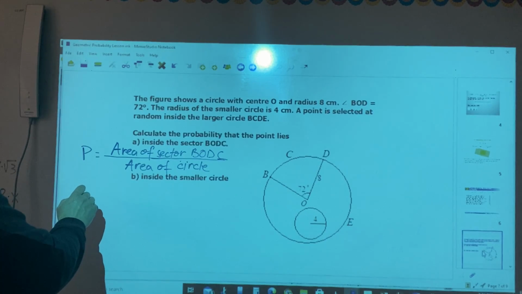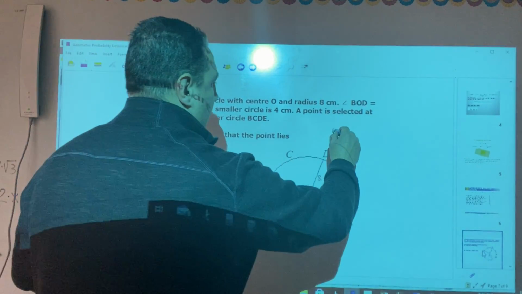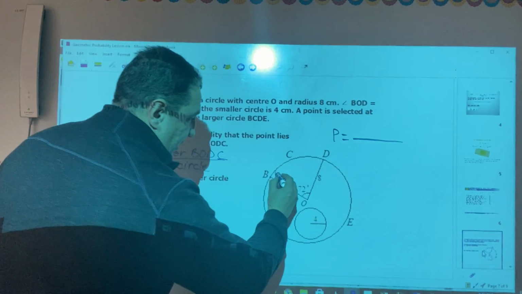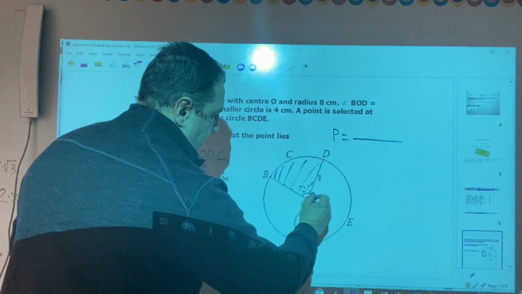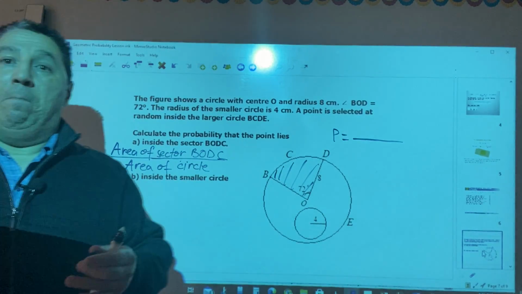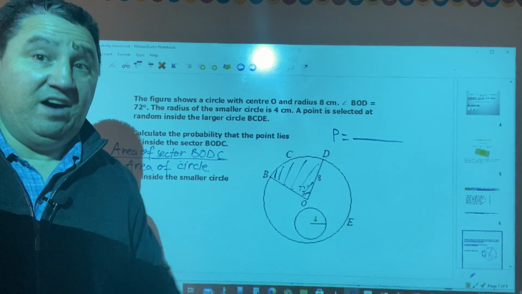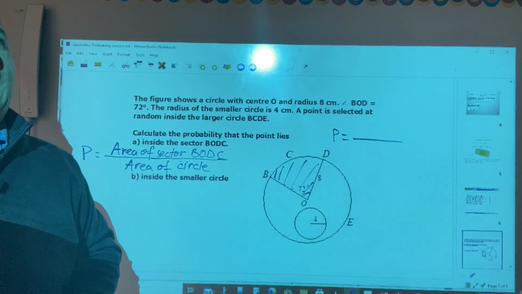Now, the area of this sector is a part of the area of the whole circle, right?